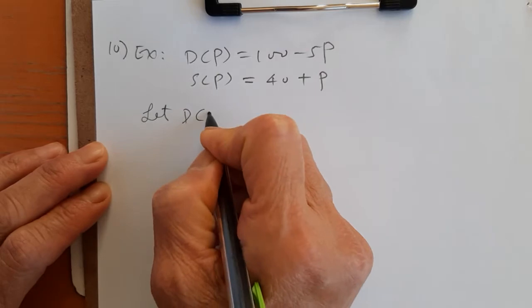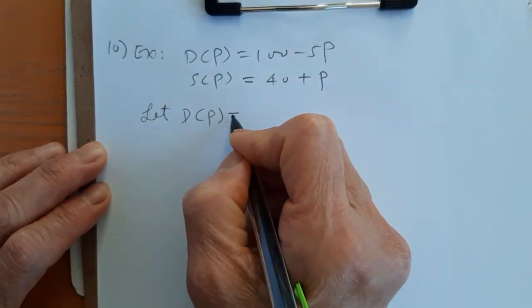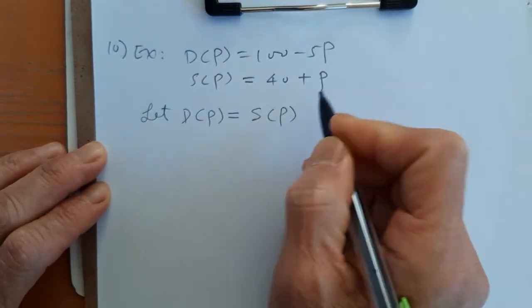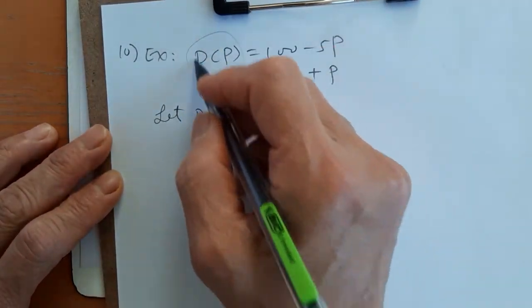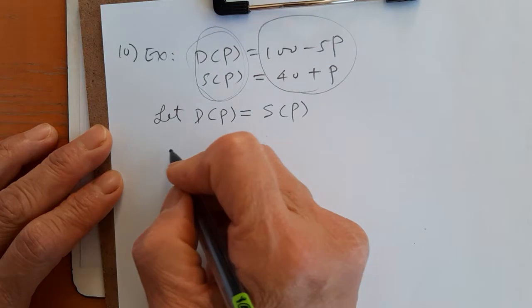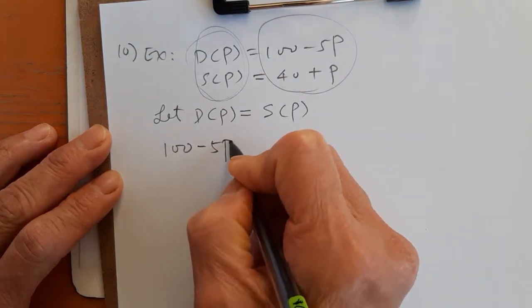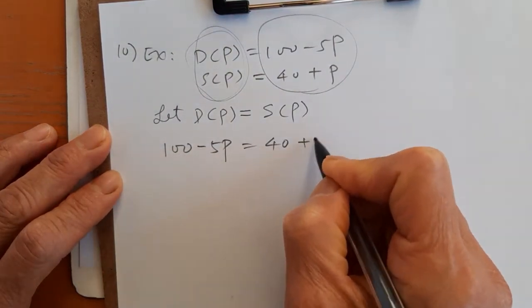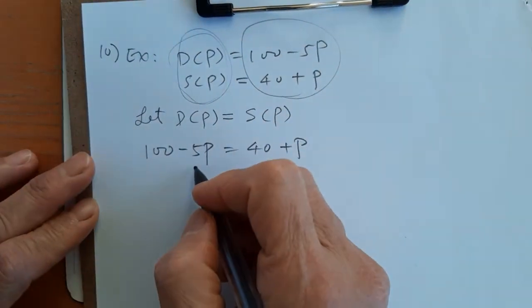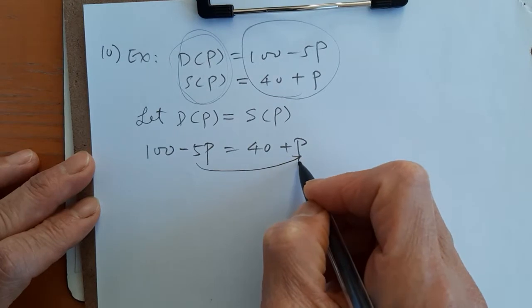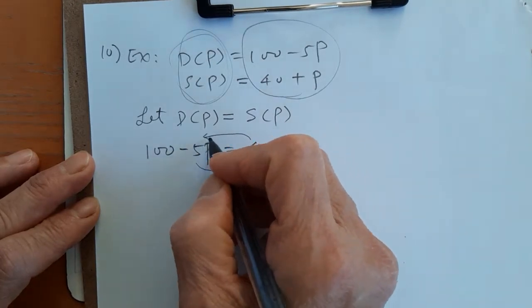Demand is how many units in terms of price, and supply is how many units in terms of price, and they are equal. So that means left side equals right side: 100 minus 5p equals 40 plus p. Then solve for p. We add 5p to both sides and subtract 40 from both sides.